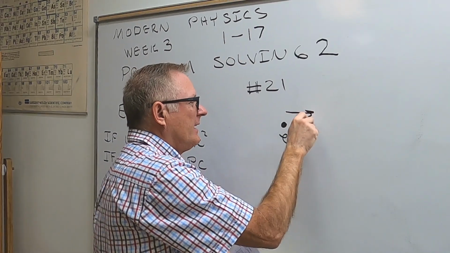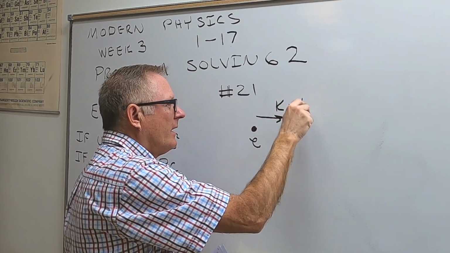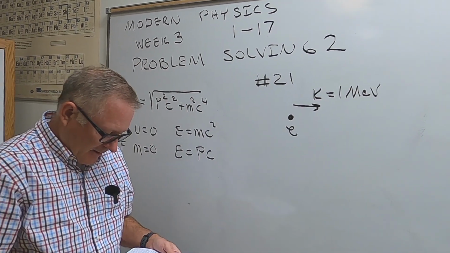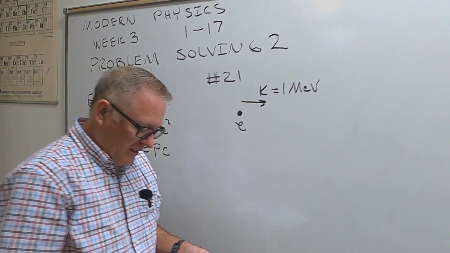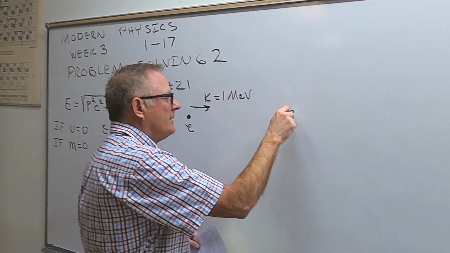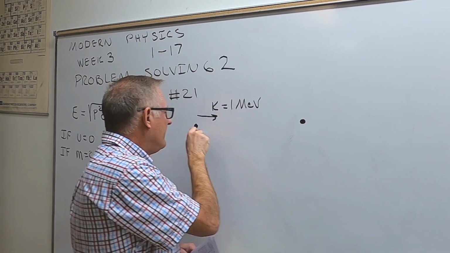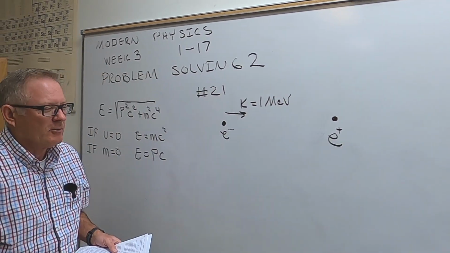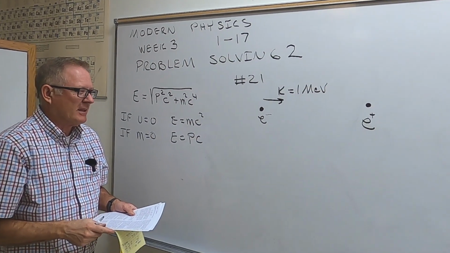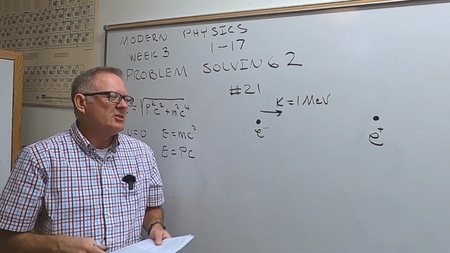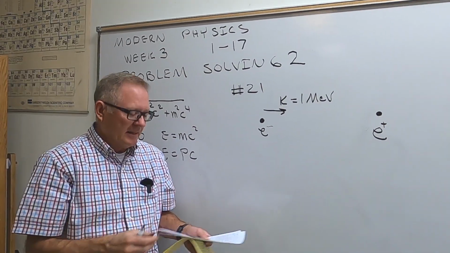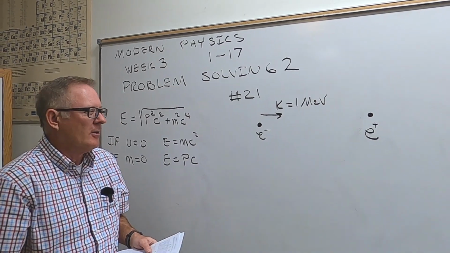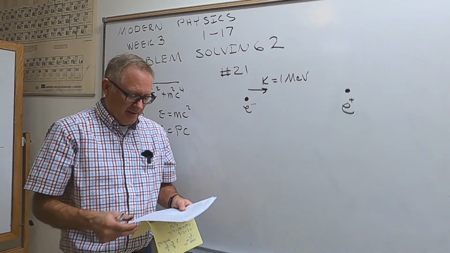So it's moving, it has a kinetic energy of 1 MeV. And it makes a head-on collision with a positron at rest. A positron is just like an electron, but it has a plus charge. I'll go over those at some later time, probably the next lecture. But it's just the antimatter particle of the electron. And when matter and antimatter come together, it gives you all energy, which is light.